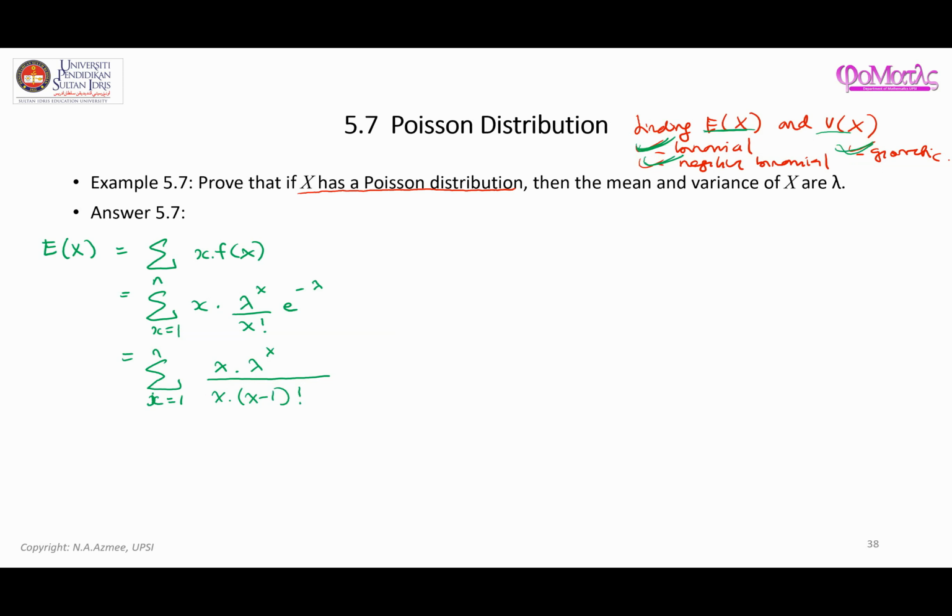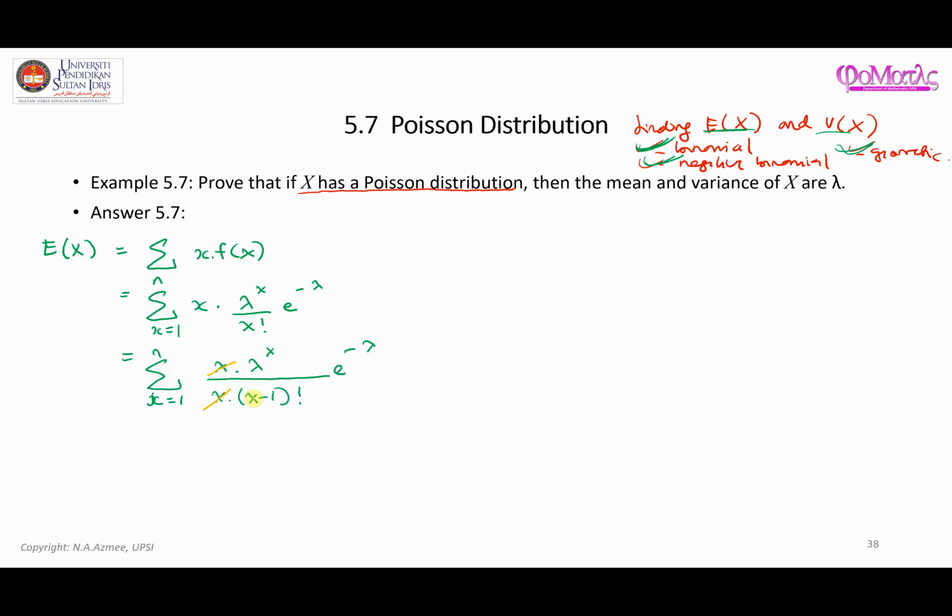This is nothing new. Next, we can cancel out x with x at the bottom. Now we're going to try and match this part here with something that looks like x minus 1.